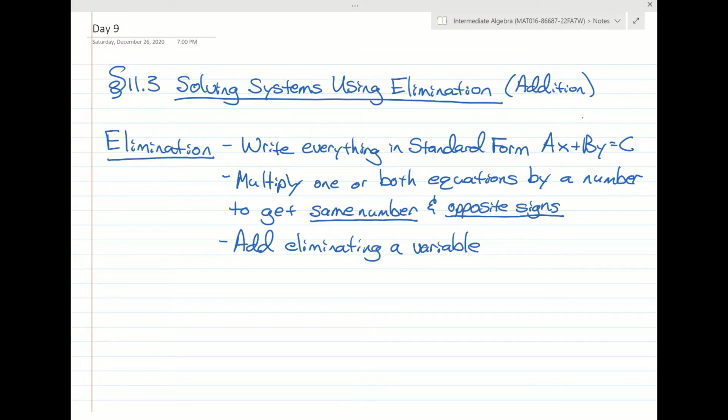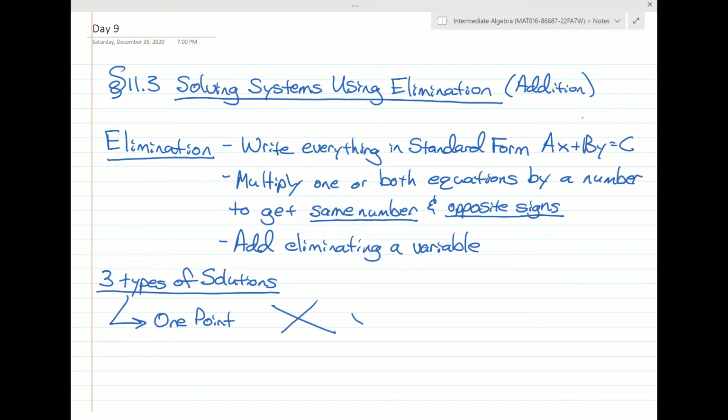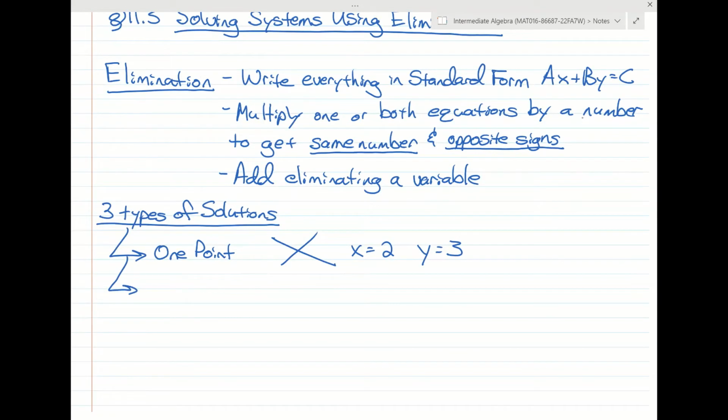Just as a little refresher too, we did talk about three types of solutions. The two lines cross at one point, which graphing looks like this, and you get x equals a number and y equals a number. You could also have parallel lines, so no solution.